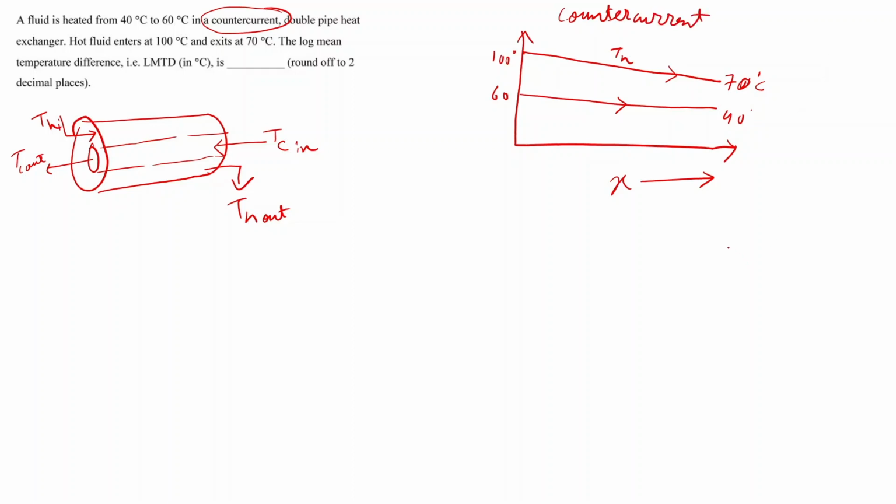If we had co-current flow, then the direction would have reversed, and in that case it should have been 100 to 70, and this will be 60 to 40.